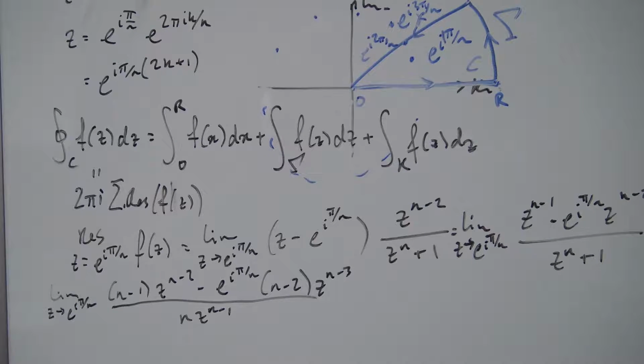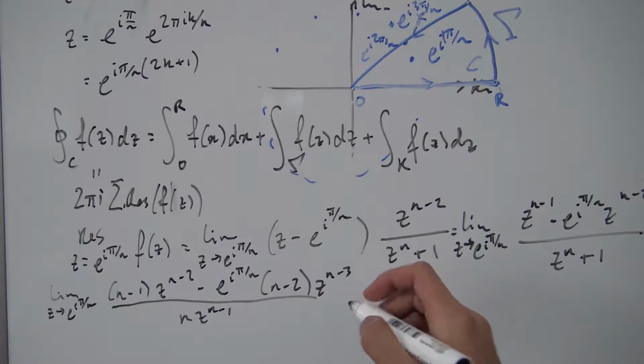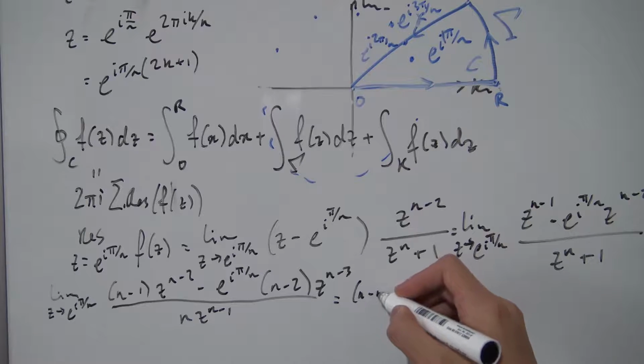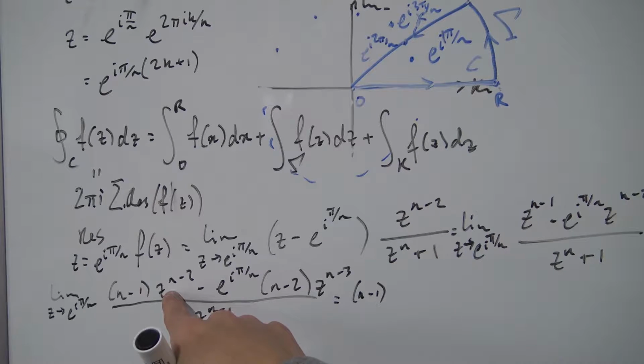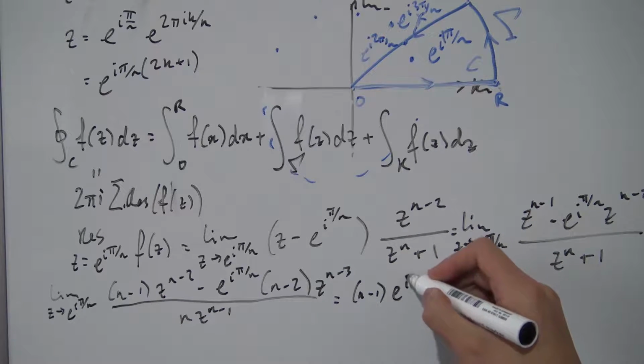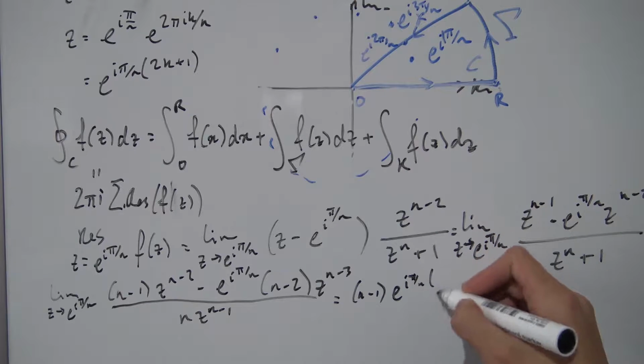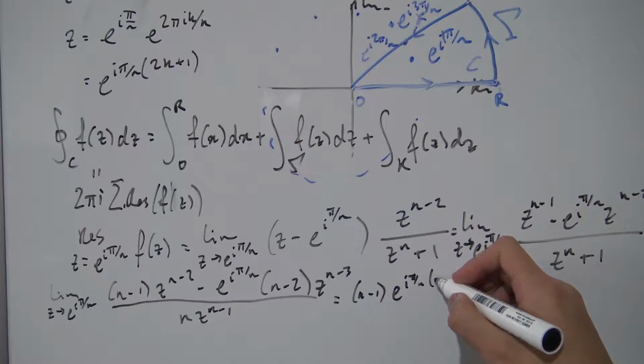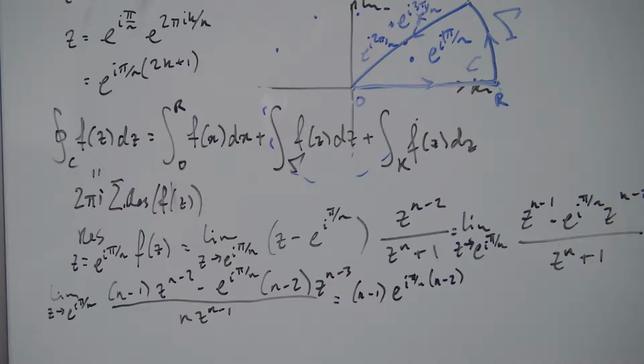So now, pretty much all we can do is directly substitute e to the i pi over n into all of these z's right here. So if we do that, what are we going to get? Well, here we're still going to have the n minus 1 like so. Then we're going to have z, but that's replaced with e to the i pi over n. Then because we have a power to a power, we can just multiply the powers directly, so n minus 2 like so.